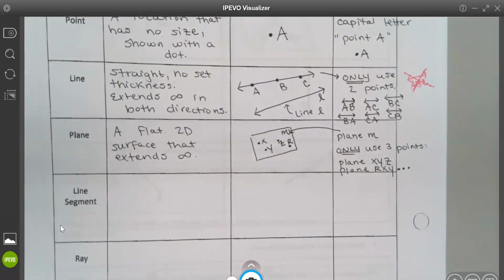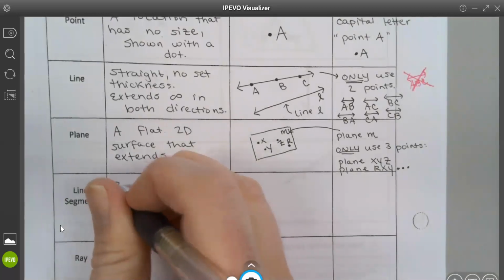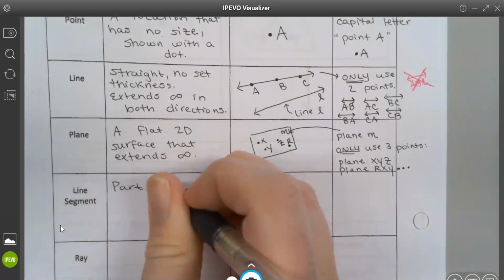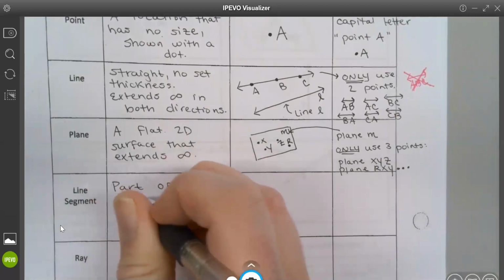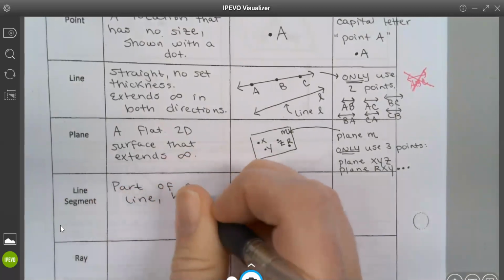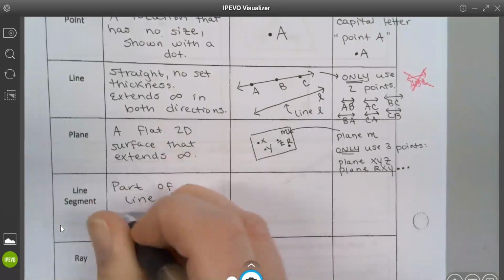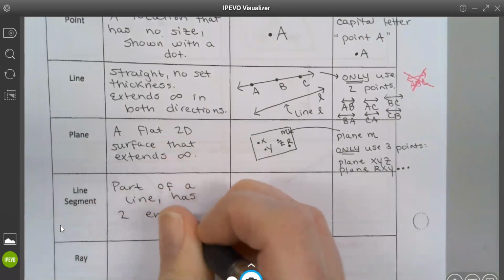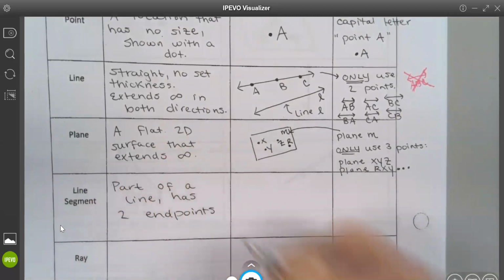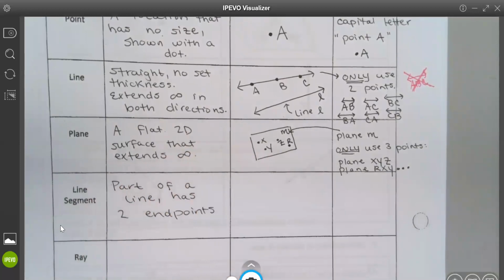From the line, there are other ways that we can describe, for example, part of a line. If we're shown part of a line, it's a line segment, and it has two endpoints. If I'm showing you a part of something, it's not extending infinitely.